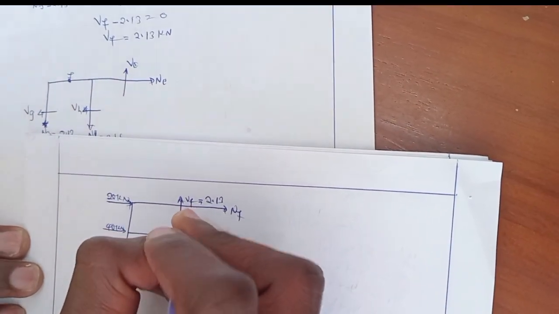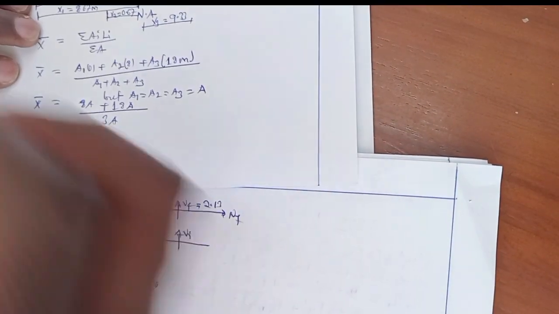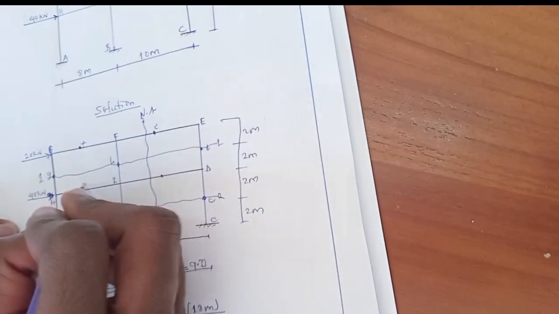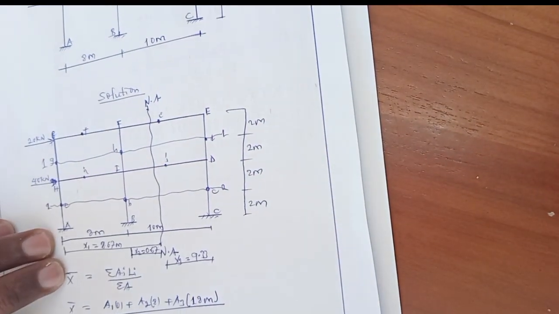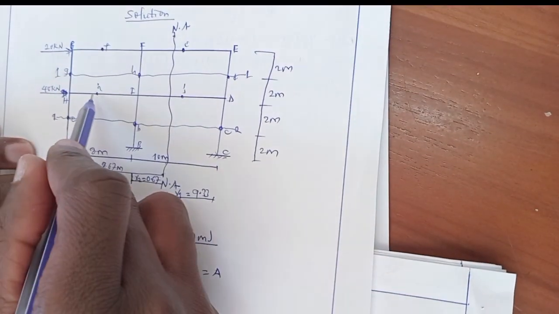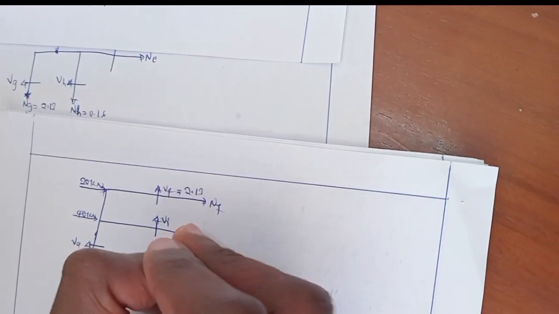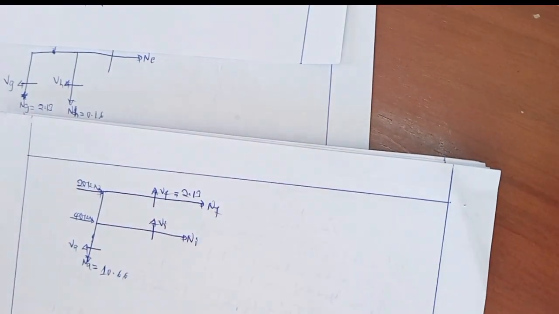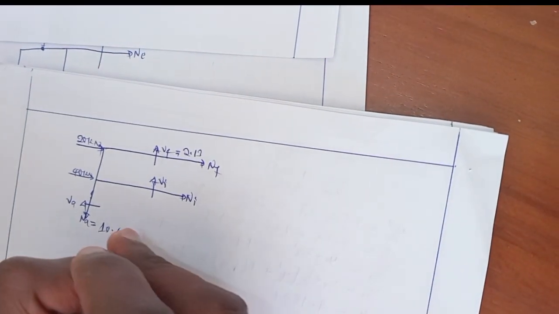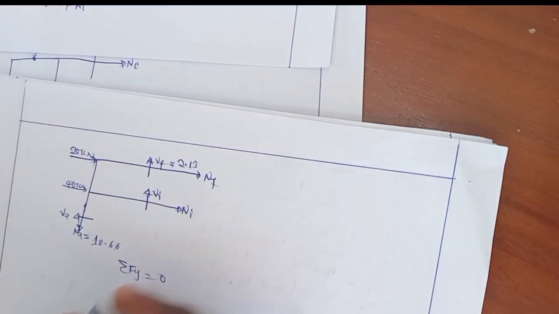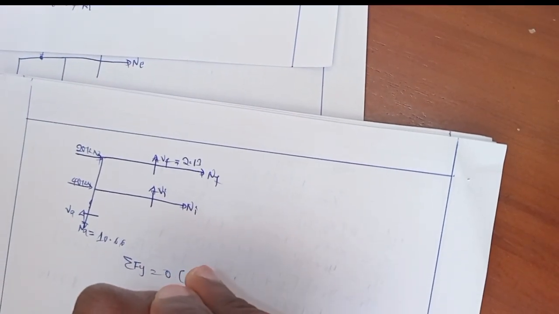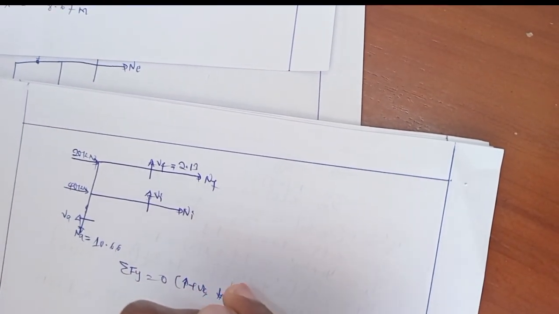VI at this point. Okay, this is NI. So to get VI, we take summation of vertical force is equal to 0. Positive upward, downward negative.